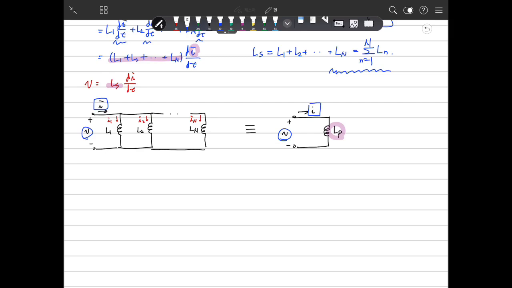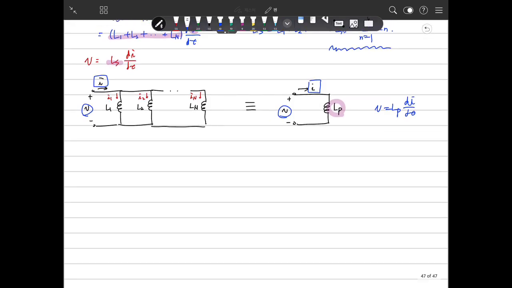So from here we know that V is Lp dI/dt. Then to solve this problem, because the inductors are connected in parallel, we calculate the current: this current I is I1, I2 plus In in this way.